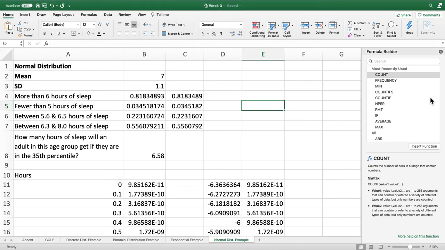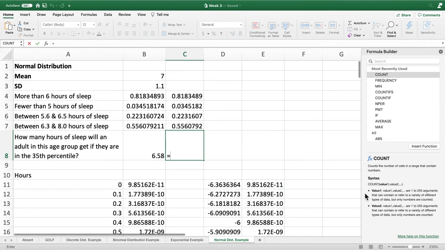All right. So then what we're going to do is we type equals. And we are going to look for that mean and add our z-score that we came up with from that table, which is negative 0.39, and we are going to multiply that by our standard deviation.